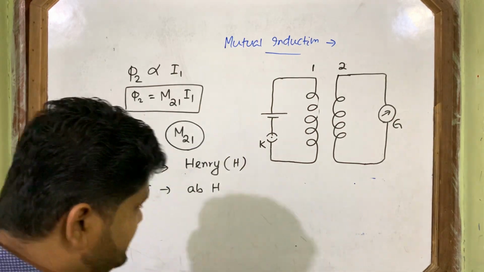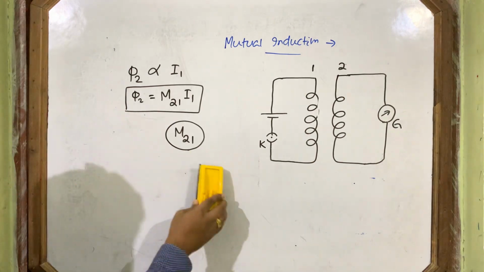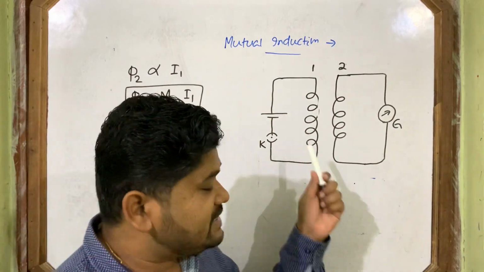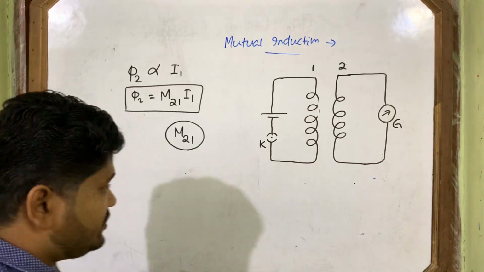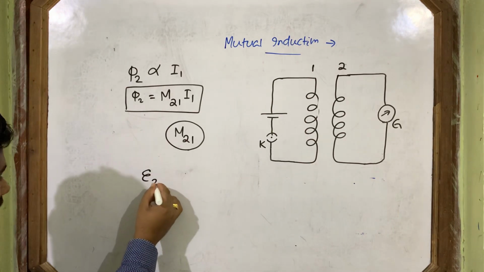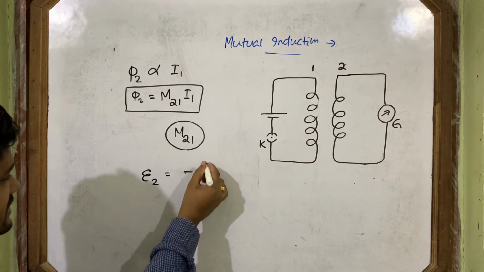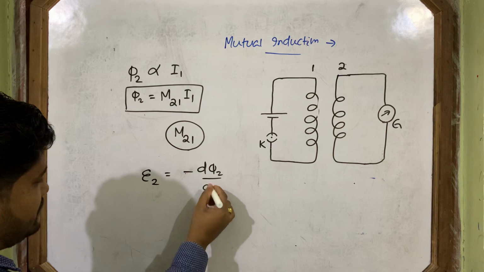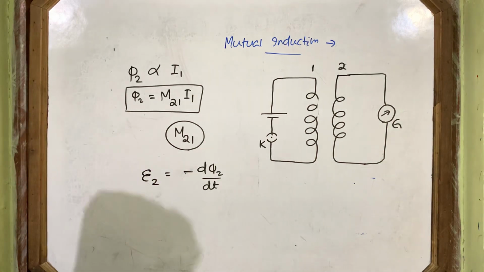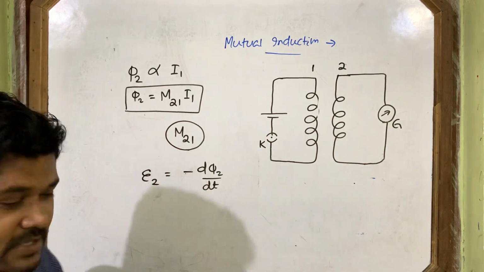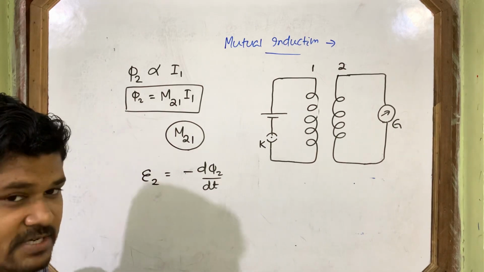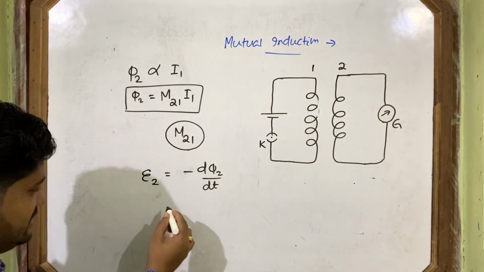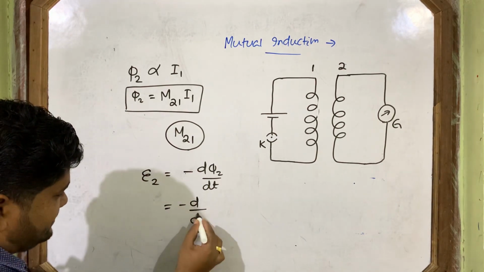Then how much EMF is induced in the second coil when current changes in the first coil? EMF induced in the second coil, E2 equals minus d phi 2 by dt. This is according to Faraday's second law. Then minus d by dt.